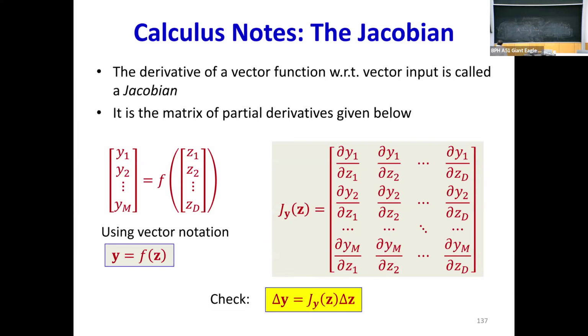Okay, so let's work this out, right? I'm going to say delta z2 equals the derivative of z2 with respect to y1 times delta y1. Correct? Everybody with me? That's how the matrix operators work. I cannot change the order. Correct?